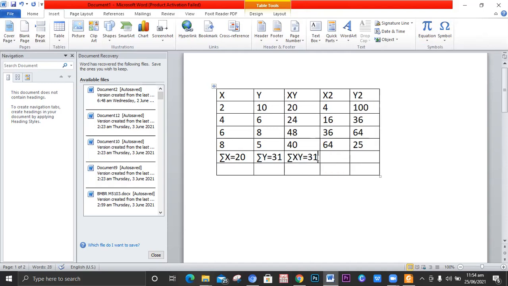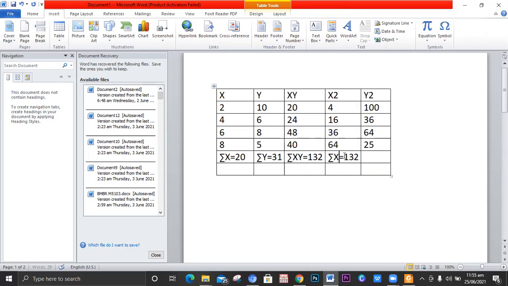Summation of xy. 132. Then the next one is what? 120. Then 225. Yes.